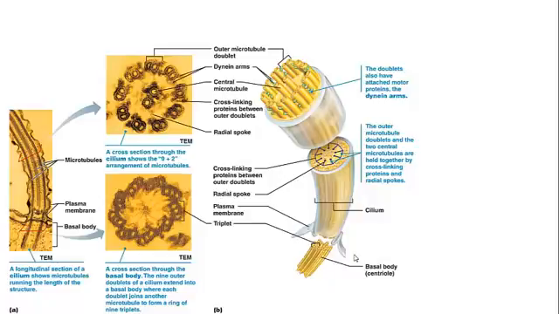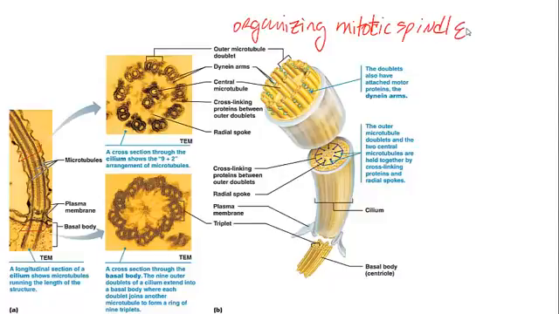The centrosome matrix is really important, especially for generating the microtubules, and also it's important for organizing the mitotic spindle. And we're going to be talking about that in a subsequent lecture video. But the mitotic spindle is going to be very important for division of the cell.